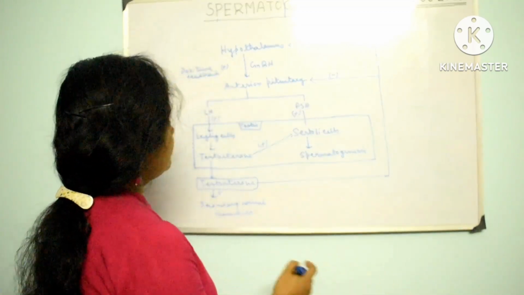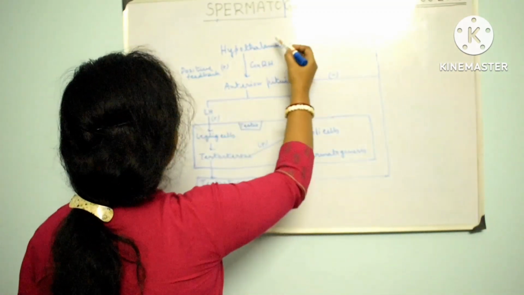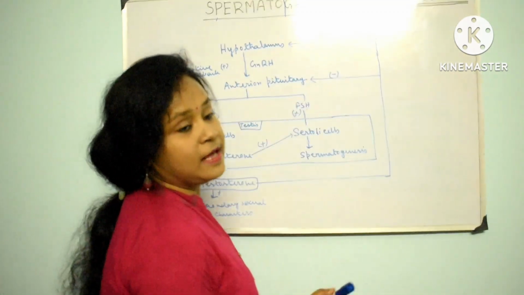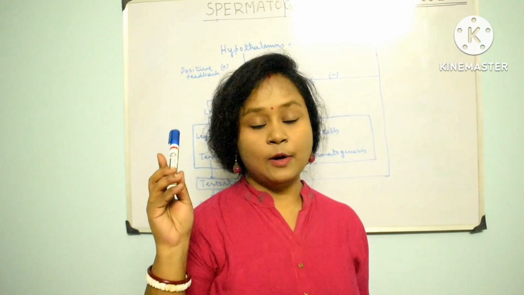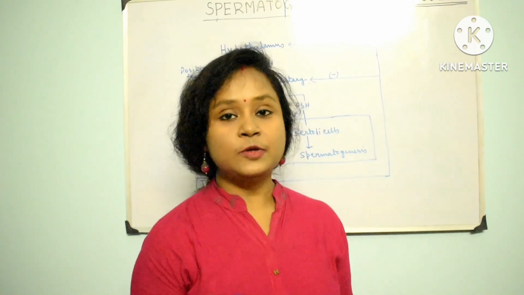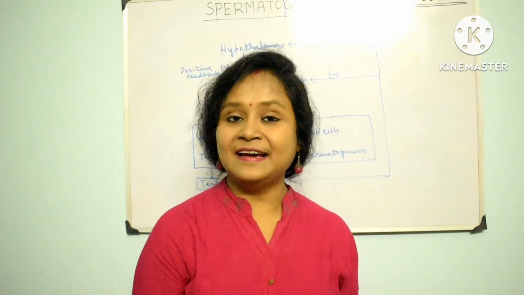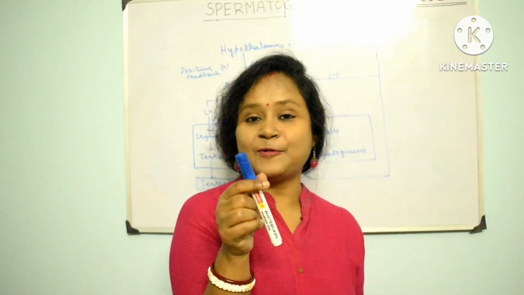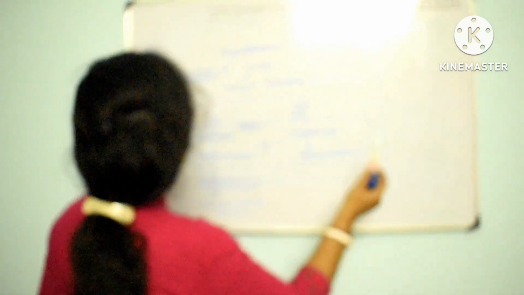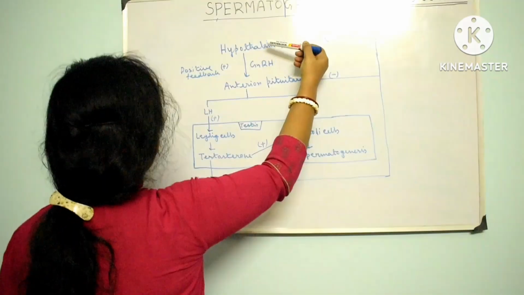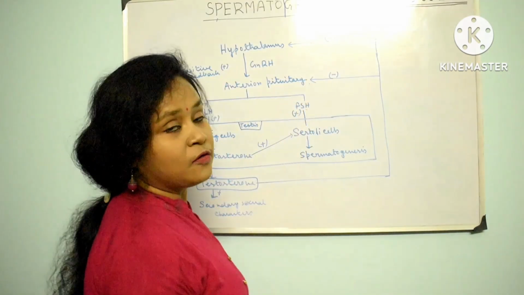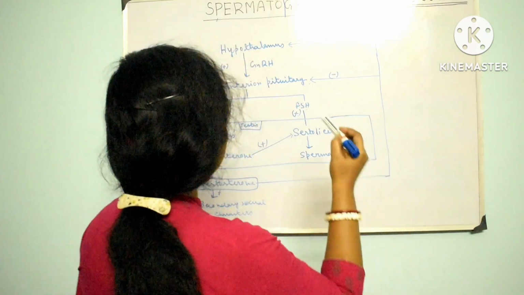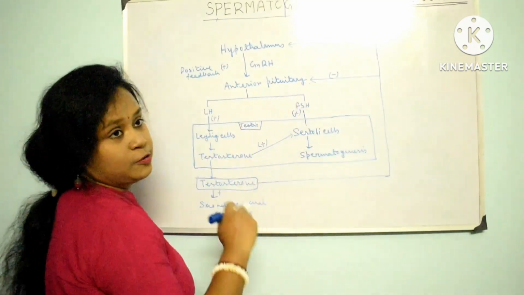All of us know, here is a chart. All of us know about the hypothalamus. The hypothalamus is situated in our brain. I'm not going to discuss the hypothalamus here; it's not a class about hormonal control in general, just about hormonal control of spermatogenesis. So the hypothalamus releases gonadotrophin releasing hormone, which acts on the anterior pituitary.